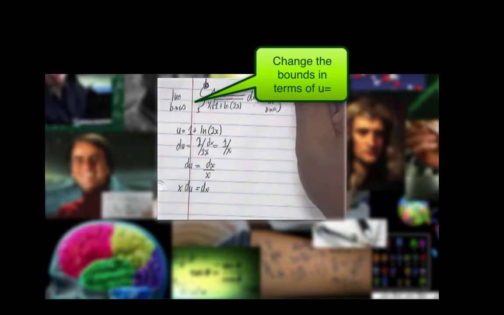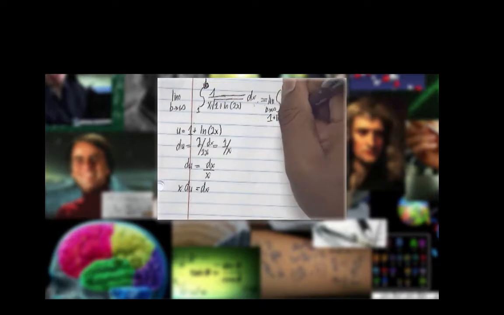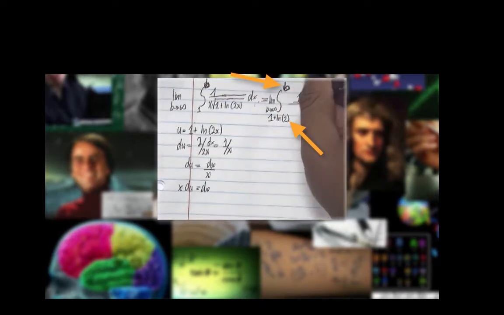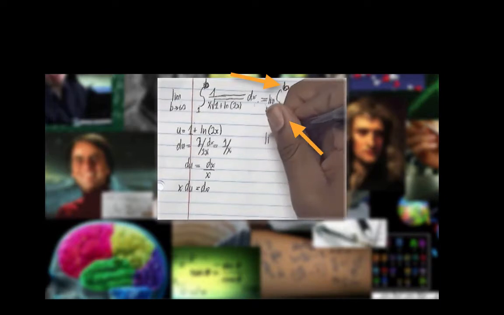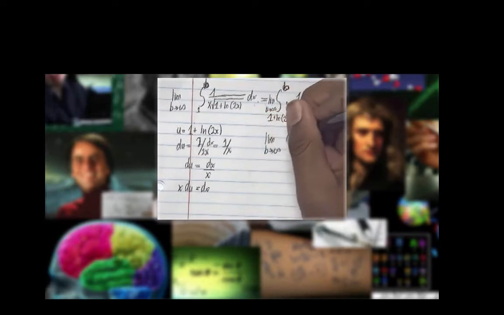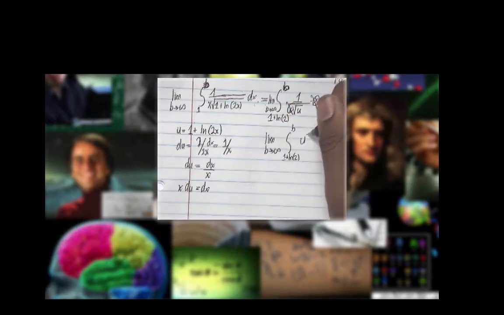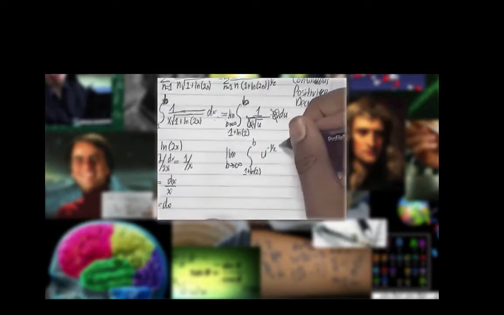It becomes 1 over x square root of u times x du. The x's cancel out. And it becomes the limit as b approaches infinity, from 1 plus ln of 2 to b, of u raised to the negative 1/2.